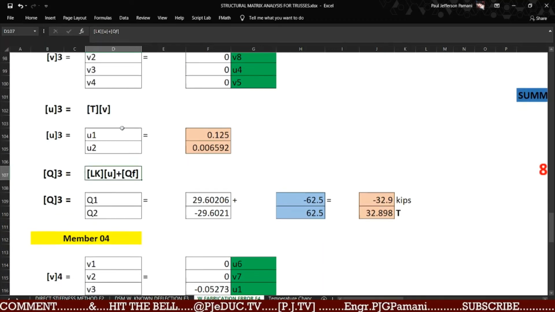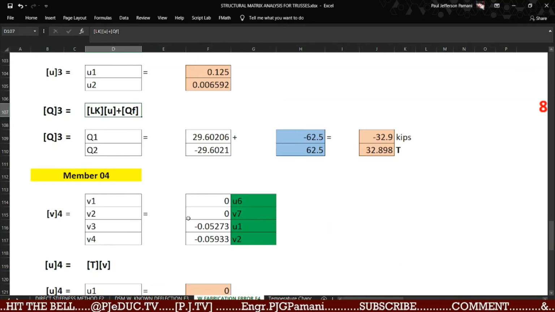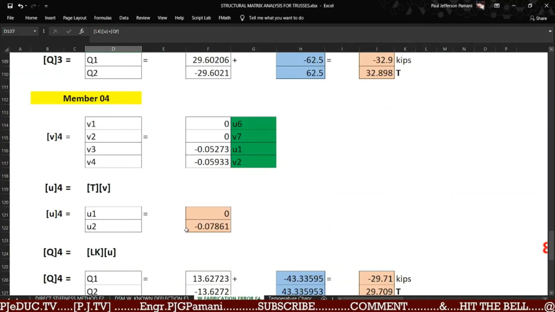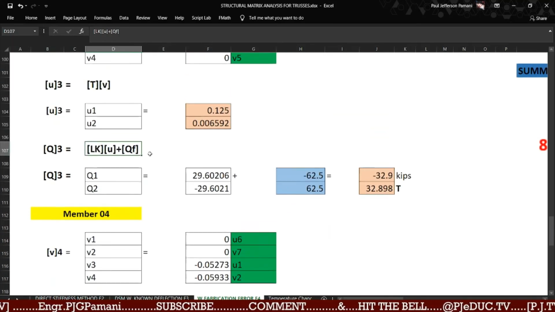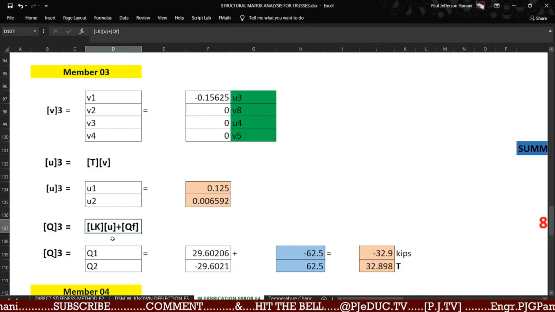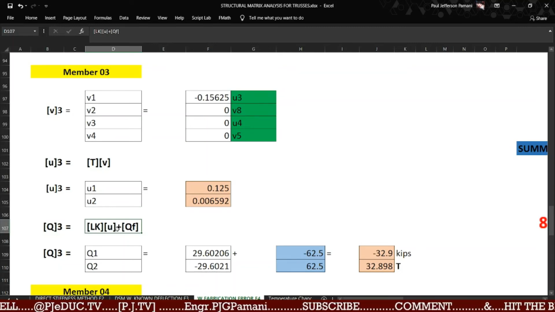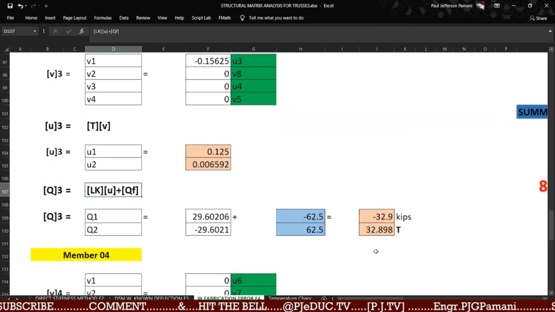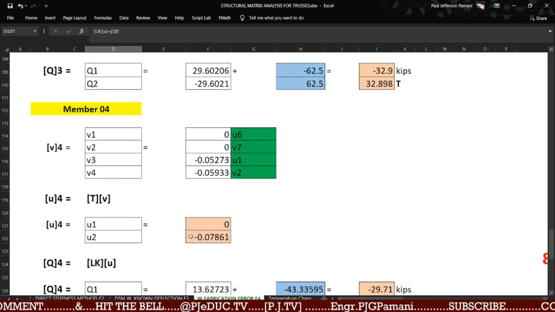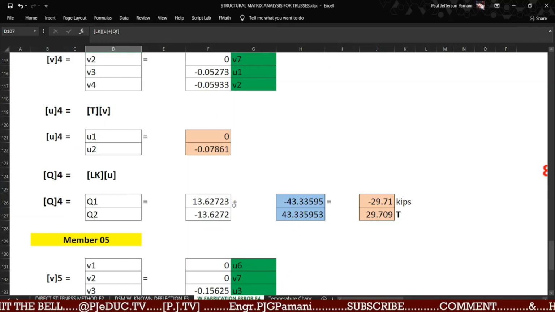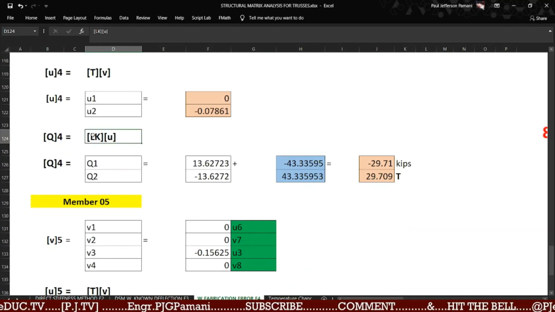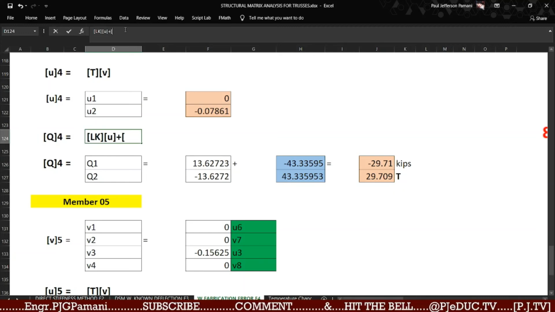So remember, may fabrication error sa member 3 at saka member 4. Okay? So yung Q force na na-compute natin kanina sa member 3, i-add lang natin siya dun sa product ng local stiffness matrix with the end displacement under local coordinate system. So add nyo lang. Add nyo lang, then meron na tayong force sa member 3 and member 4. Plus QF.